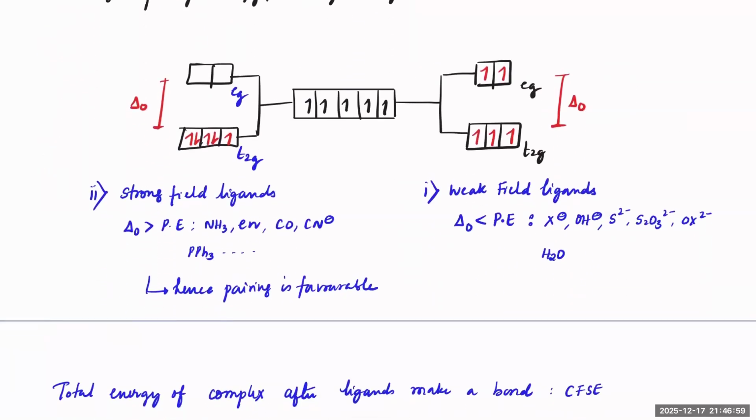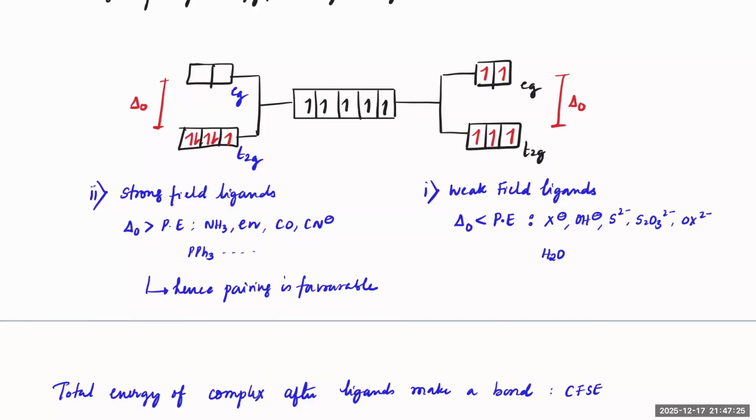Now notice when the splitting happens, if this is delta naught, from here the splitting might take place in two ways. One, imagine I have 5 electrons in a d5 configuration. One way of arranging them is to give 3 electrons to t2g and 2 electrons to eg.